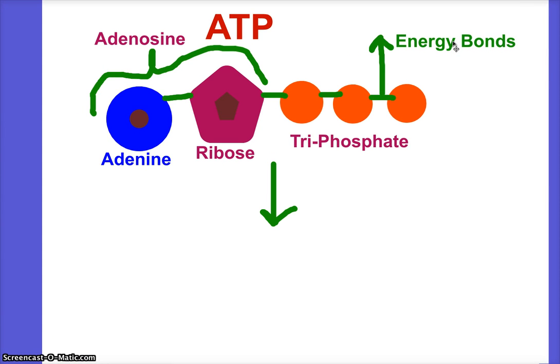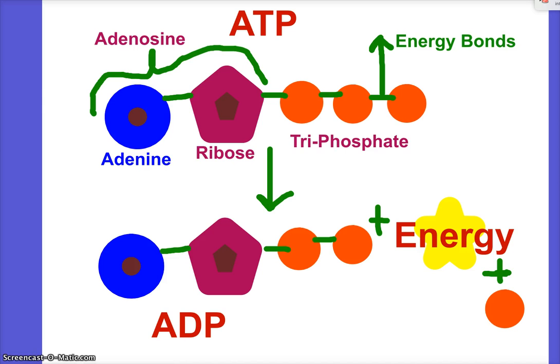Now, if energy is going to be released, what am I going to draw down here? Who could tell me? ATP broken. So if ATP breaks, what am I drawing down here? Take away phosphate. What am I drawing if I take away a phosphate? Adenosine diphosphate plus energy being poured out plus a phosphate. Let's draw that.